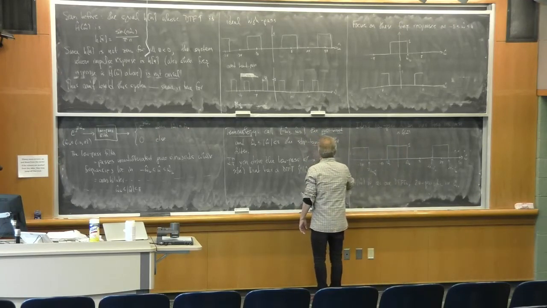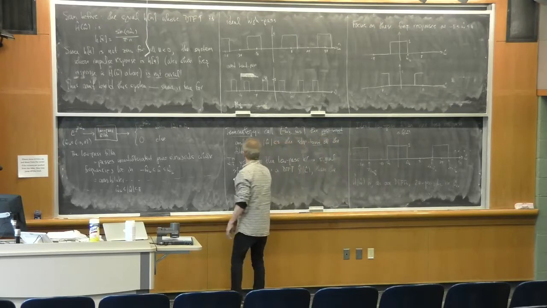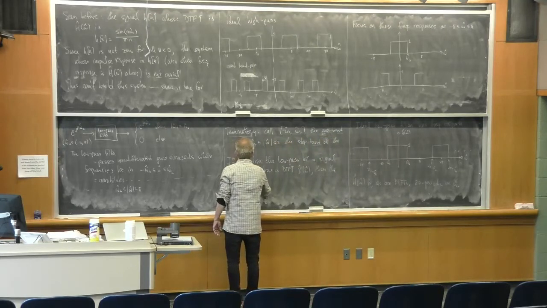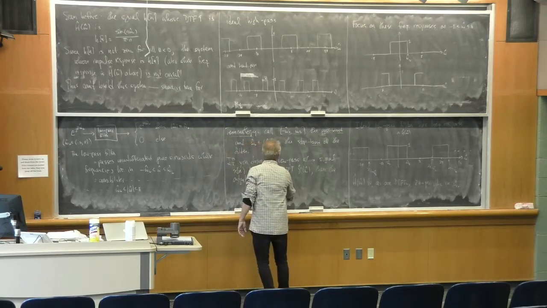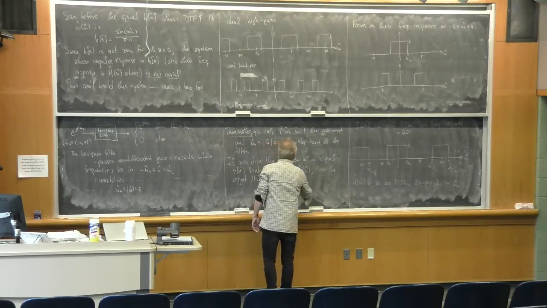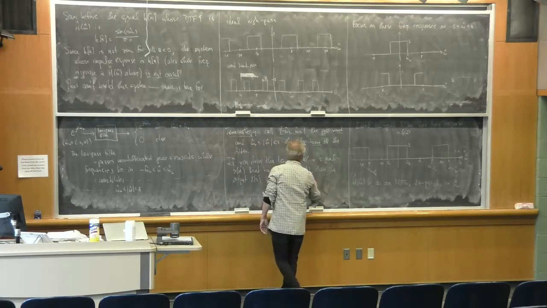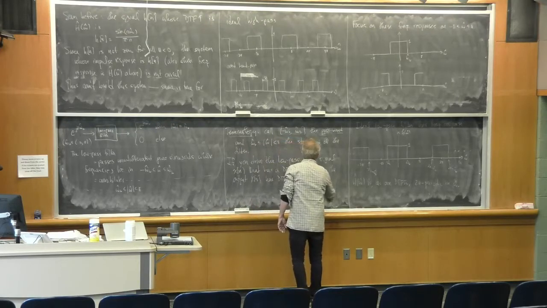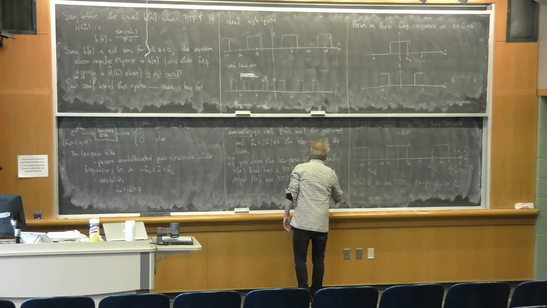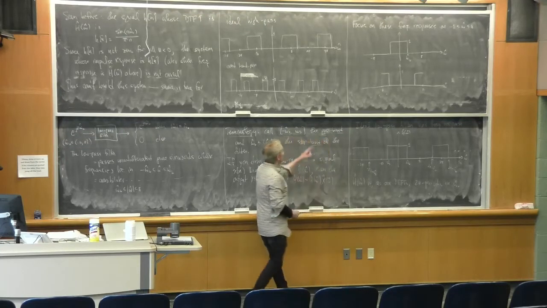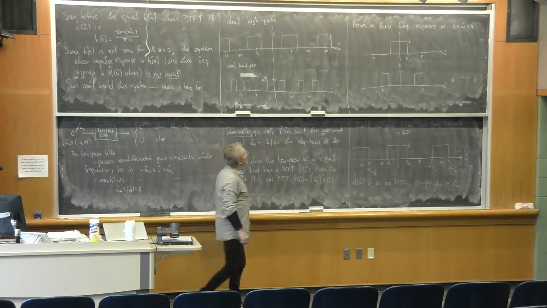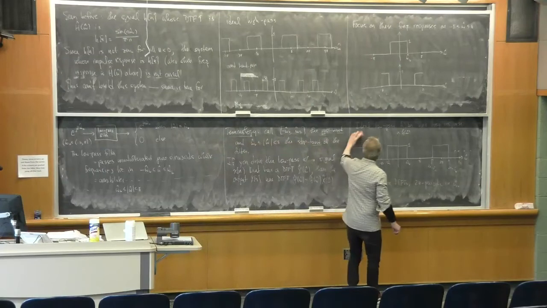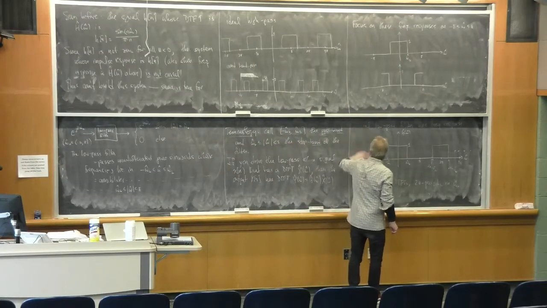So then the output, y of n, has DTFT y hat of omega hat equals h hat of omega hat times x hat of omega hat. And if you look and see what h hat of omega hat is, it's 1 between plus and minus omega hat b.